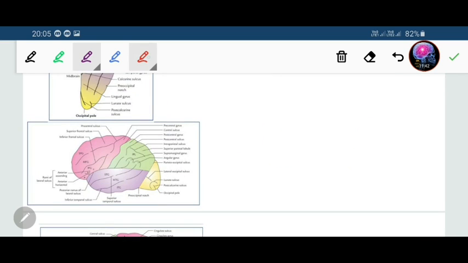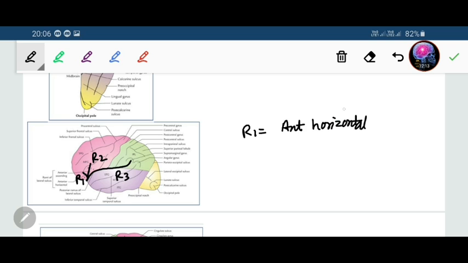After reaching the superolateral surface, it divides into 3 rami: R1, R2, R3. R1 is called the anterior horizontal.